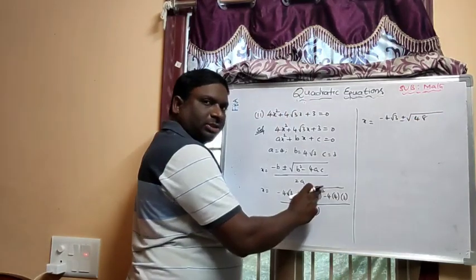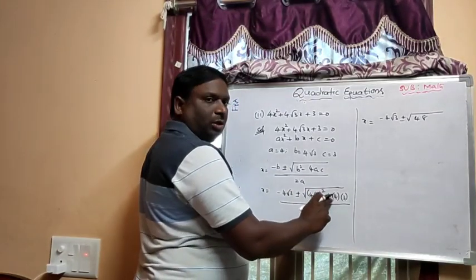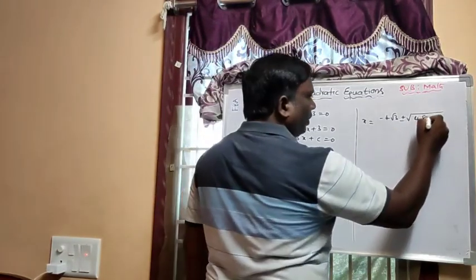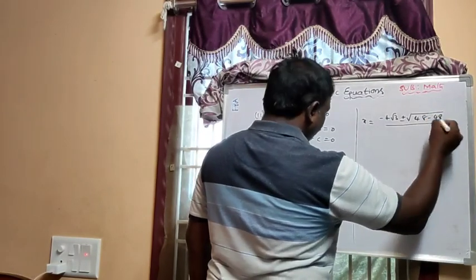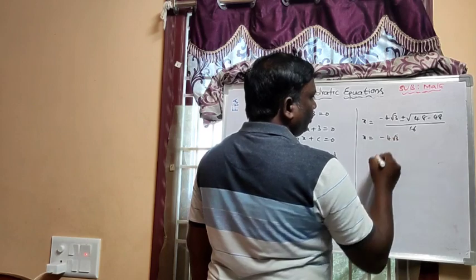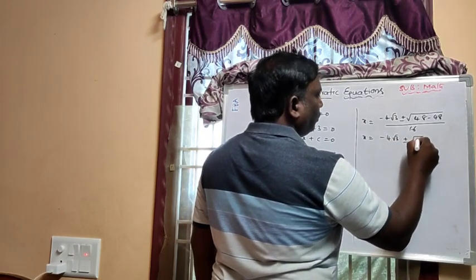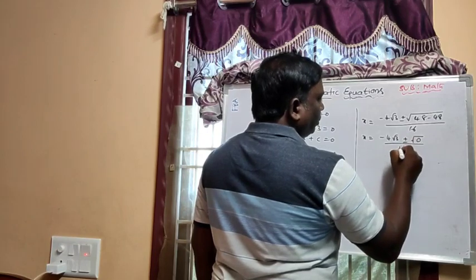That means 4 4s are 16, root 3 whole square is 3, 16 into 3 is 48. Minus, here also 4 4s are 16, 16 3s are 48. 48 minus 48, by 2 4s are 16. X equal to minus 4 root 3 plus or minus, this is the root of 0, by 16.